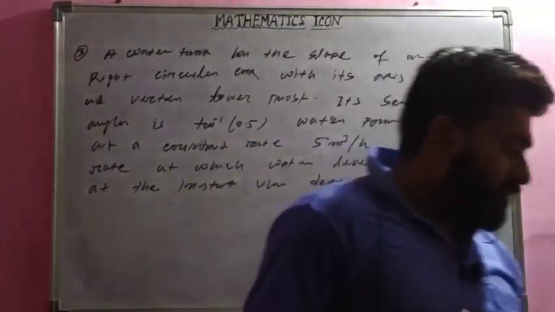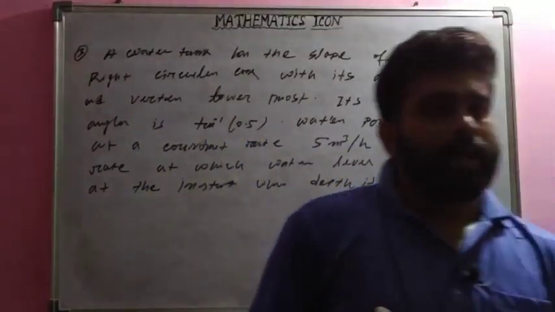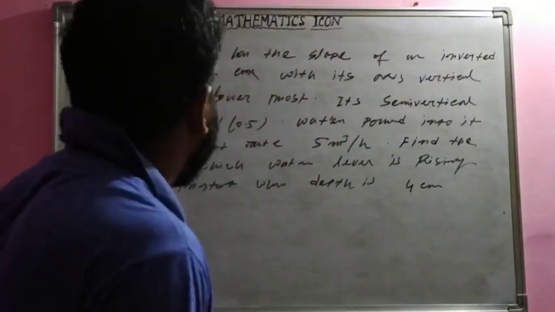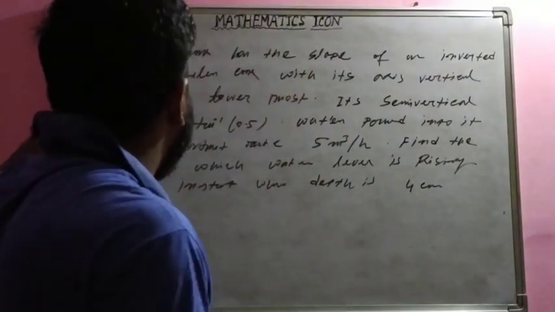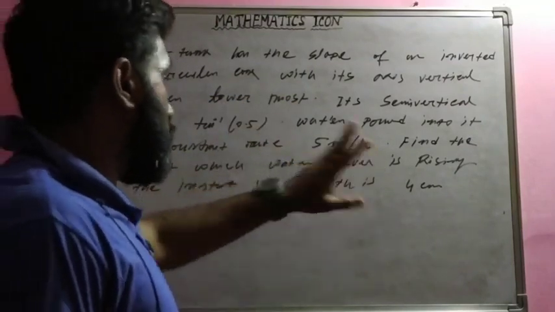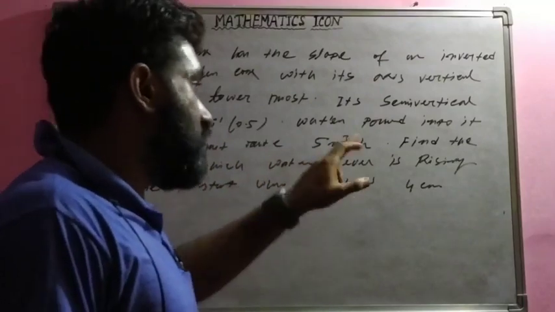That means an inverted cone is there, okay, and water is being poured into it, and the semi-vertical angle is given. Water is poured into it with the constant rate 5 meter cube per minute.